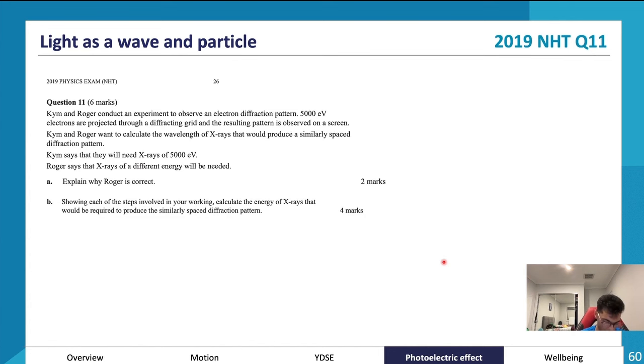This is one of the questions where X by Y Roger is correct. In this question, we have electron diffraction and an X-ray diffraction, and it produces a similarly spaced diffraction, which means the same wavelength, which means the same momentum.